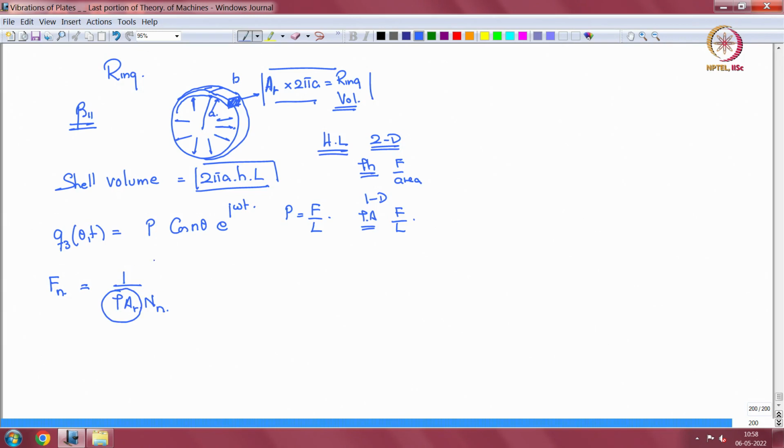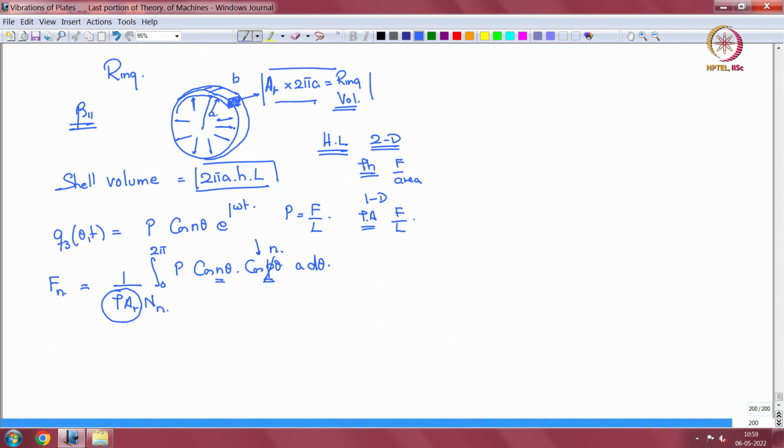So what is the numerator? Numerator is integral 0 to twice pi of p cos n theta into cos p theta, which is the mode of the ring. When we integrate, this will be 0 as long as n is not equal to p, so p has to be equal to n. Now what happens over here?